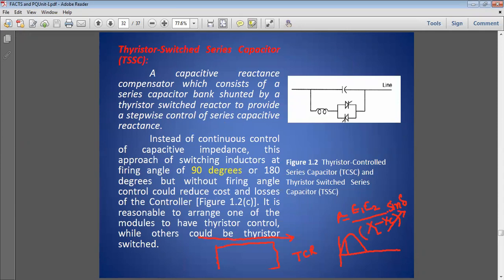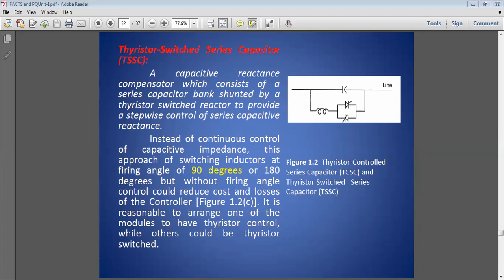Now, this is a thyristor switched series capacitor, similar to the thyristor switched reactor and thyristor switched capacitor, which are connected in parallel.